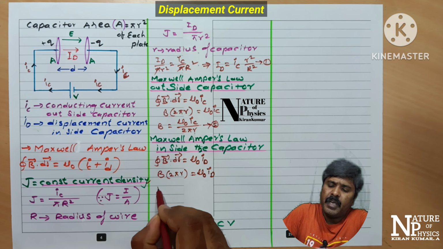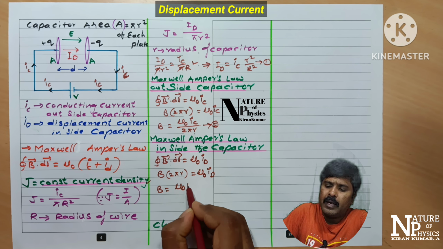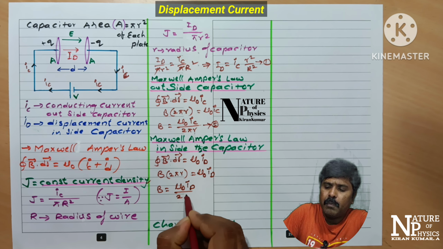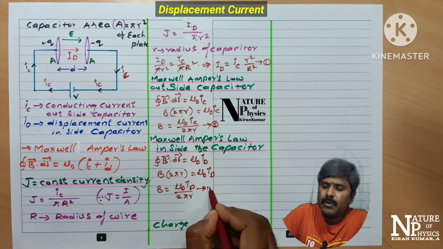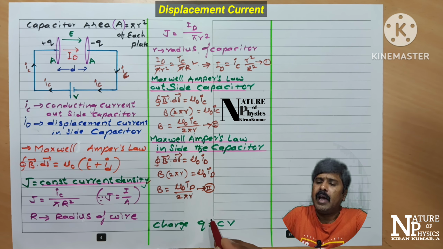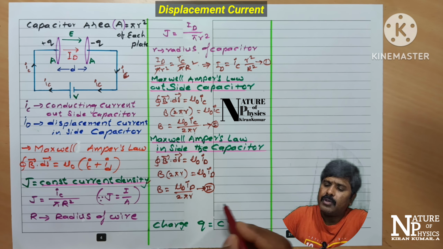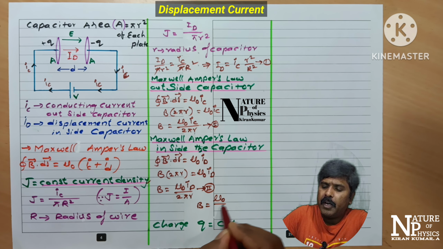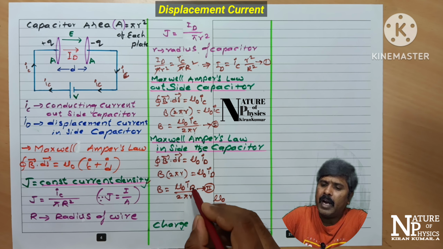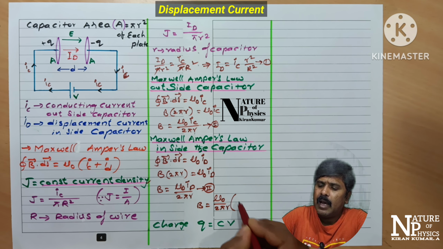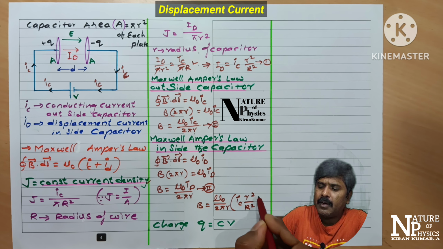So B is equal to mu naught ID divided by 2 pi r, written as Roman numeral 2. Replacing equation 1 in this equation, B is equal to mu naught divided by 2 pi r into ID, where ID is IC into small r square divided by capital R square.